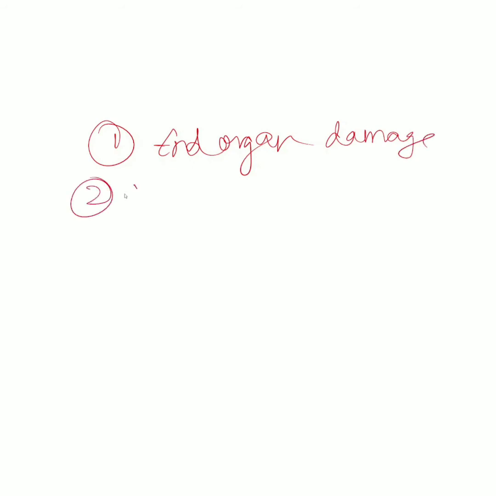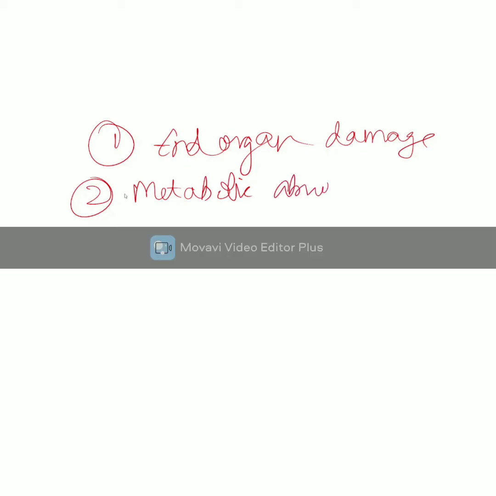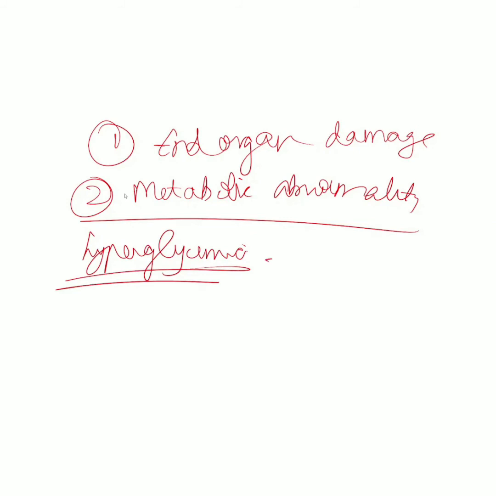Next, there is also a metabolic abnormality that we can see. What is that metabolic abnormality? There is hyperglycemia. All this, as I've told you, the tumor necrosis factors, substances, and all.